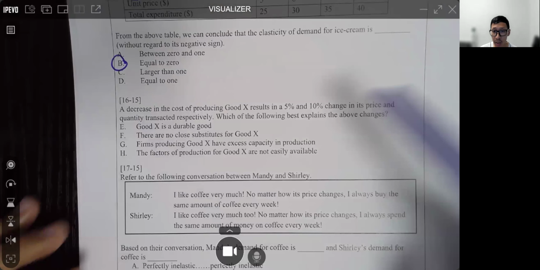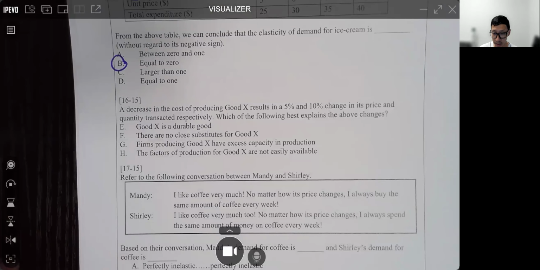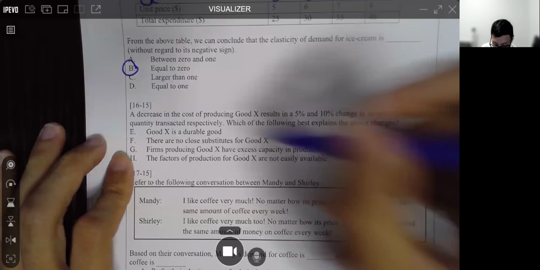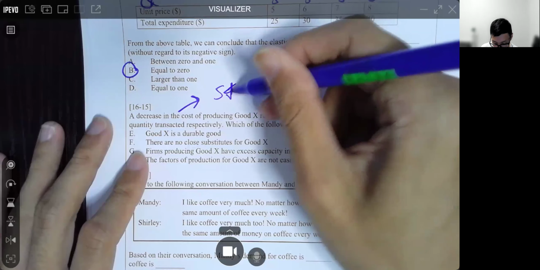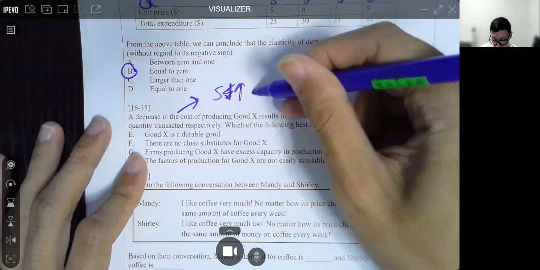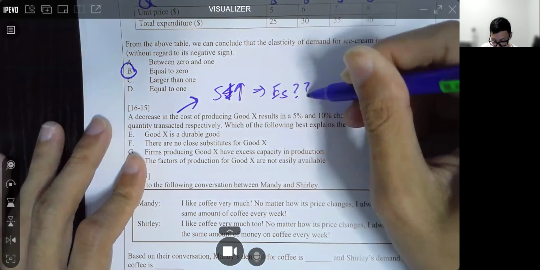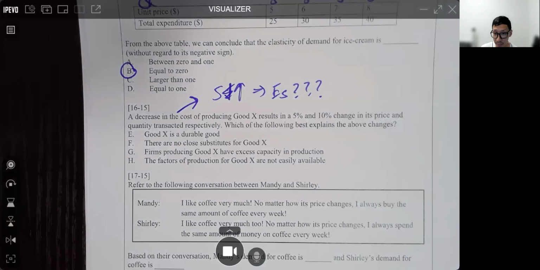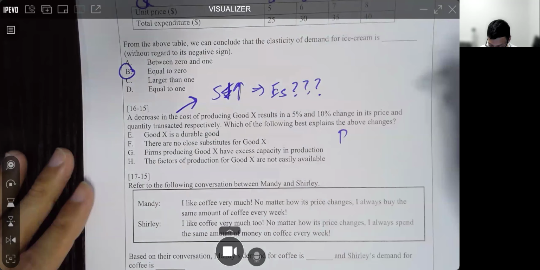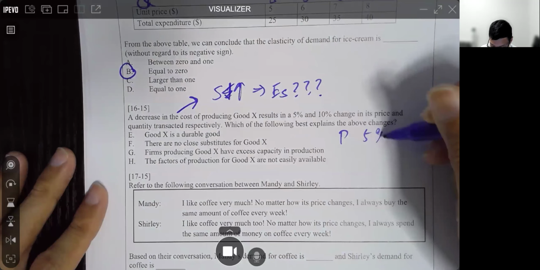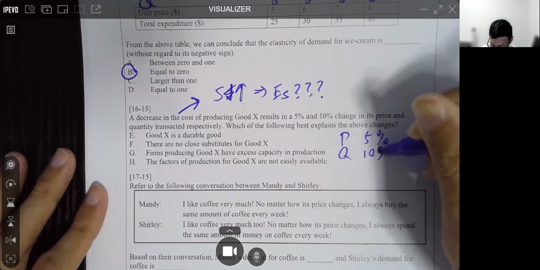A decrease in the cost of producing good eggs. 諗啦 decrease in cost. It means supply increases. Therefore, we know nothing about yes 我哋唔知道啦，係嘛？Here, price by 5%, quantity by 10%.